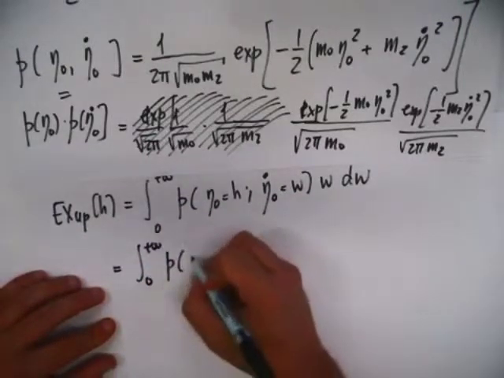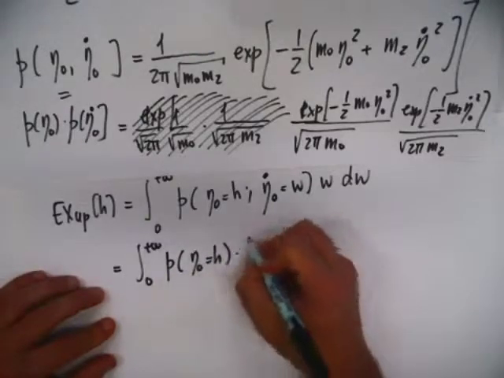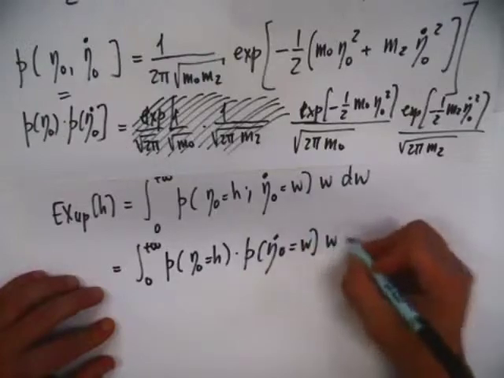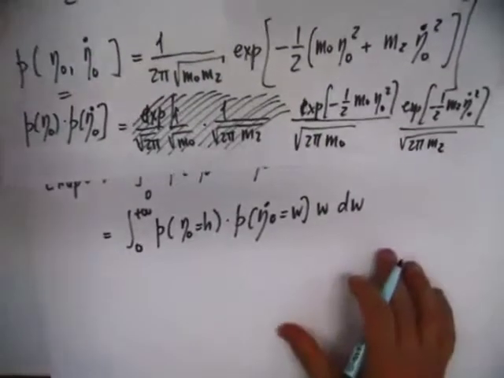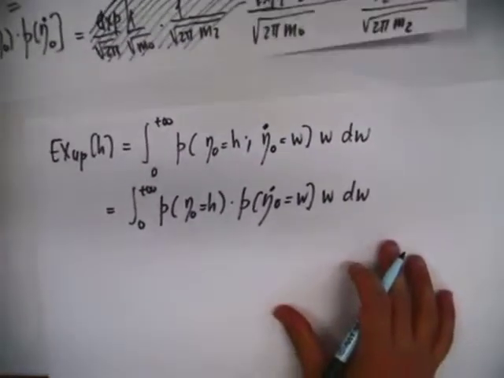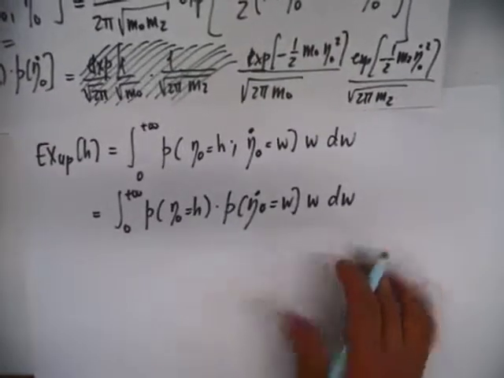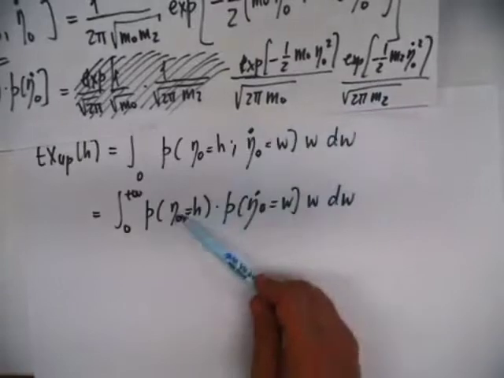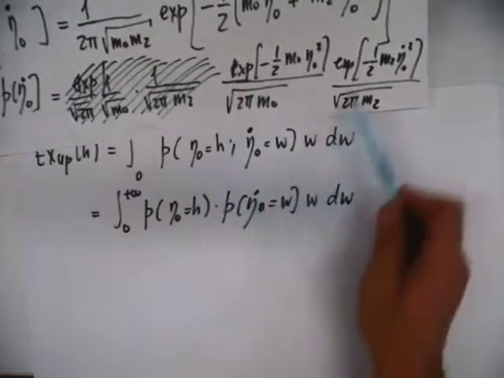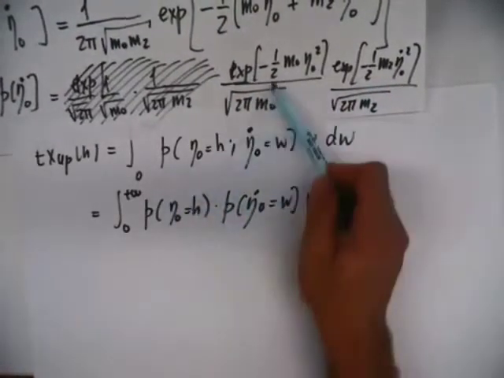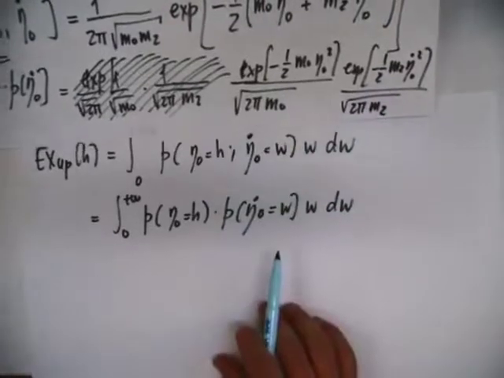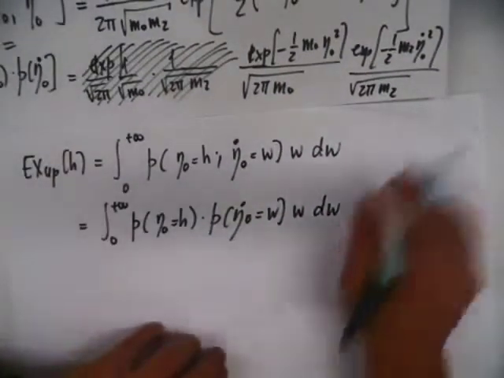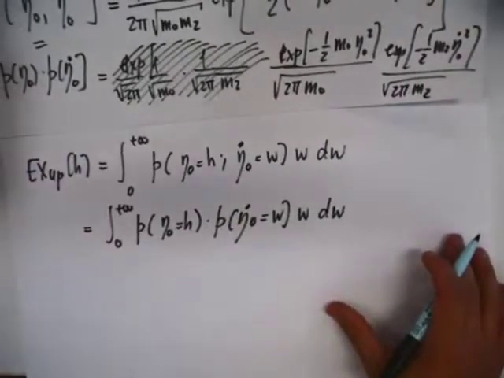So I have probability of eta naught times probability of eta dot equal w, times w dw. And we know what the PDF of this is and the PDF of this is. Let me keep those formulas there, so we will use them later.